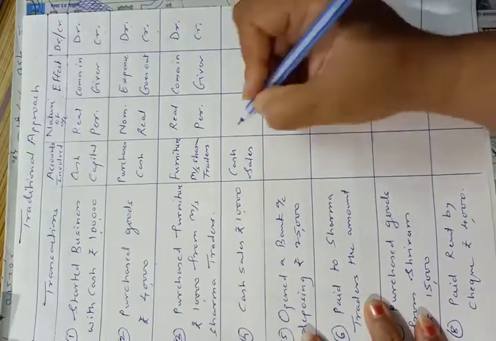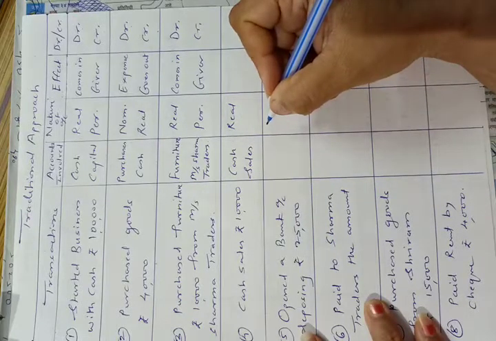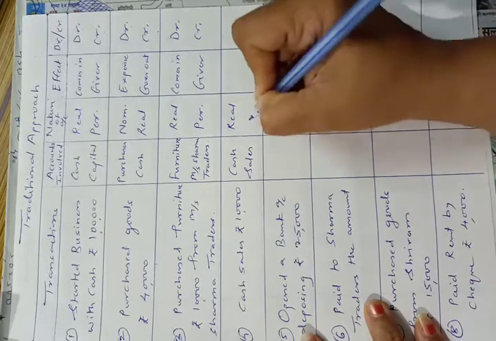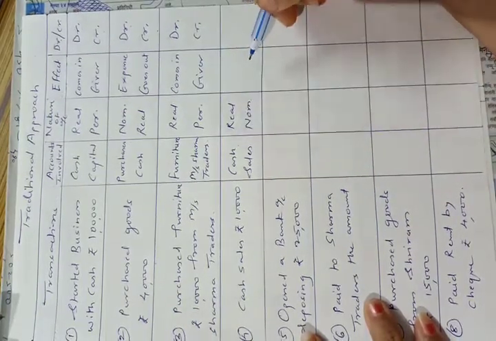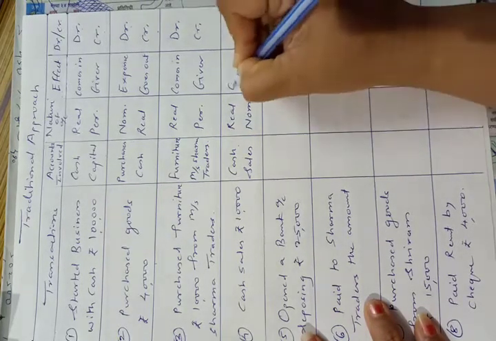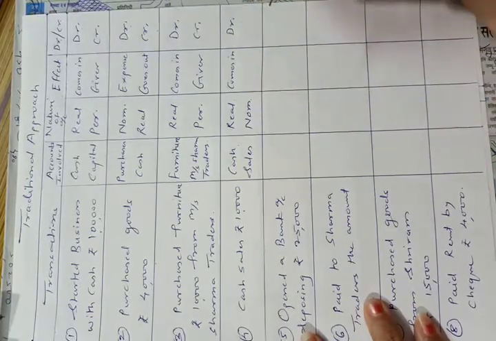Cash account, as our asset, will be a real account, and sales account, as our revenue, that is income, will be a nominal account. Follow the real accounts rule for the cash account: debit what comes in, credit what goes out. Here cash comes in, so the rule says debit what comes in.